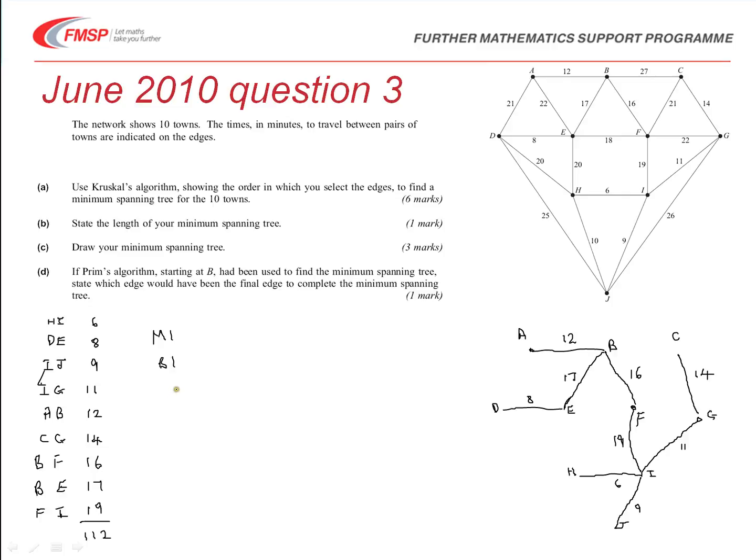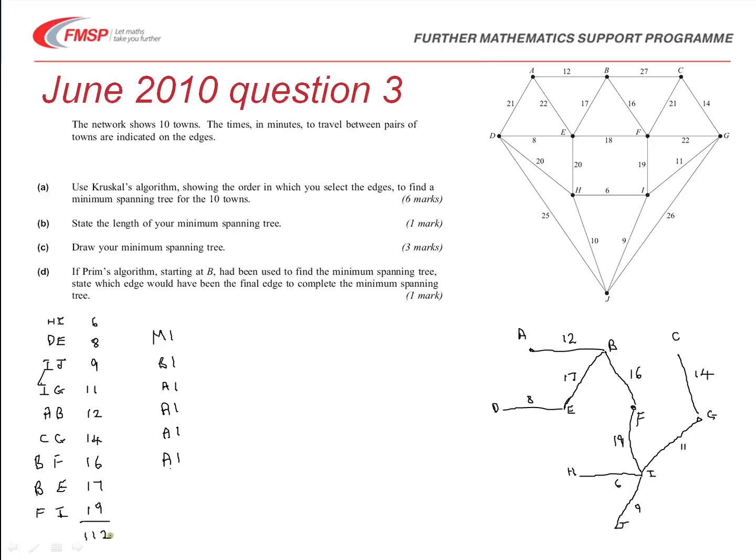If IJ is the third one, that gives an answer mark. If AB is the 5th one, that gives an additional mark, and if BF is the 7th one, that gives a mark. If they're all correct, that gives an additional mark, for a total of 6 for being completely correct.